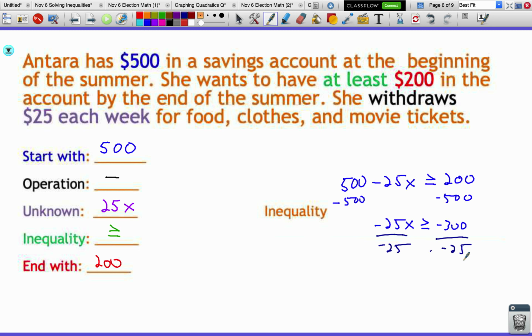Now be careful here, we just divided by a negative, so we need to flip the direction of our inequality. X is less than or equal to, I think that's 12. All right, and now we can graph it on a number line. Put 12 right in the middle, closed dot, arrow going to the left.